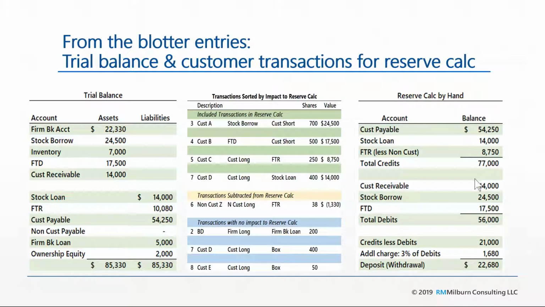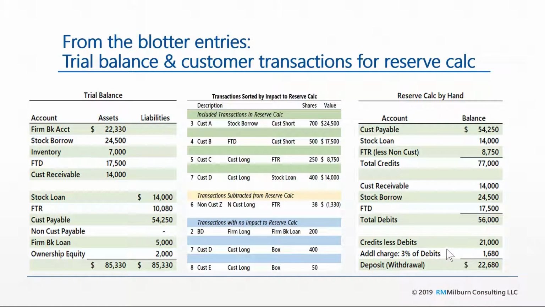Same situation on the debit side, customer receivables, $14,000. You can trace it here to the trial balance again. Stock borrow for $24,500 up here, and the fail to deliver for $17,500. Credits less debits is $21,000, and we're going to have an additional charge of 3% of the debits.